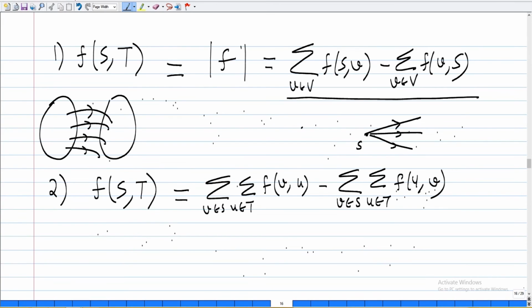Because the flow is positive, this is less than or equal to this; the subtracted term I will remove. This is summation V belonging to S, U belonging to T, F of V comma U, since F is non-negative.